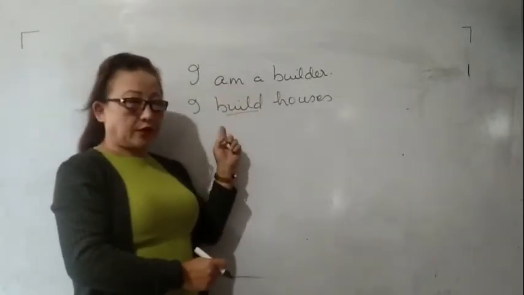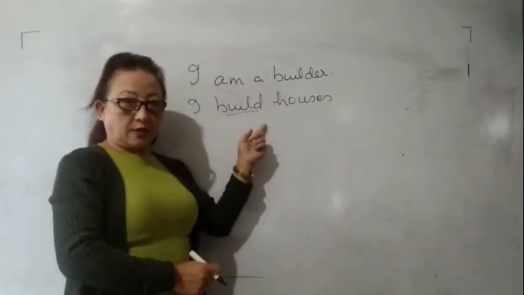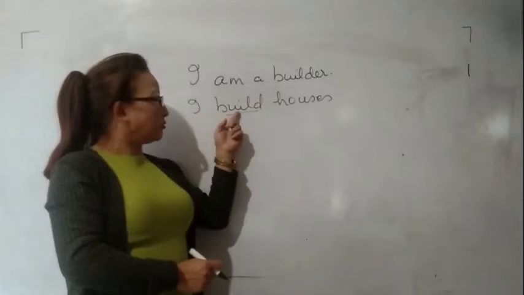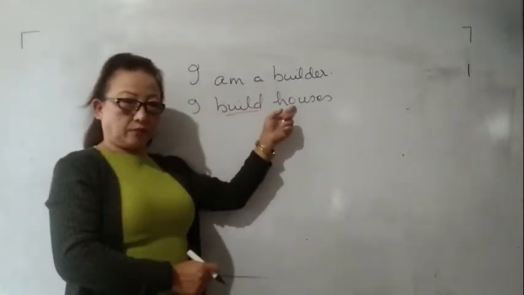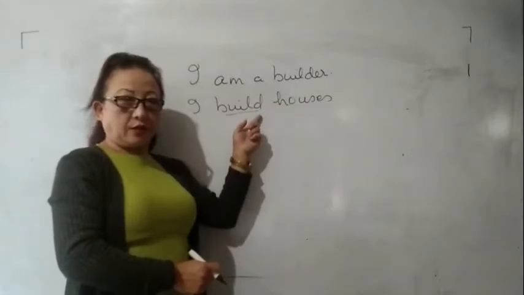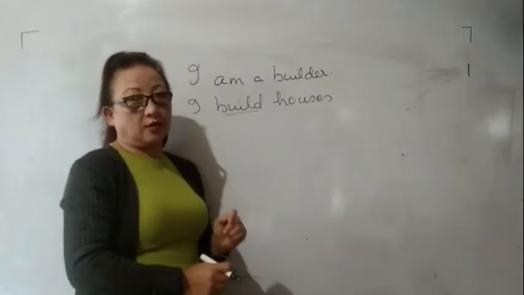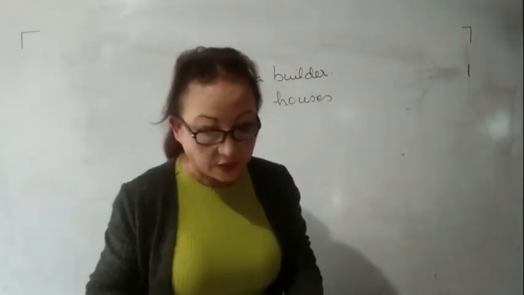This is present indefinite tense or simple present tense, because the structure here is subject plus first form of the verb plus object. It indicates my profession. It is something that I do to earn my living. So that is the simple present tense, or in other words, present indefinite tense.